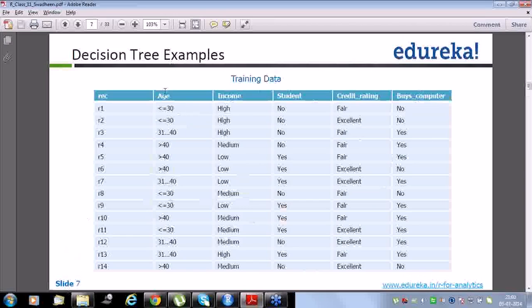But when we do it on our own without using any mathematical model, we can start with income as a root node, age as a root node, student as a root node, or credit rating as a root node. But what will the final tree choose? It will choose the tree through which we have the predictive power with the minimum number of splits.